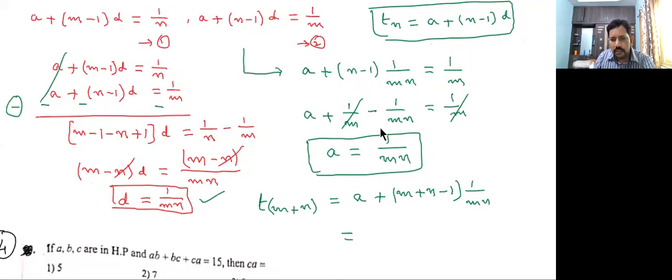And a value also 1 by mn. So instead of a we can write 1 by mn.